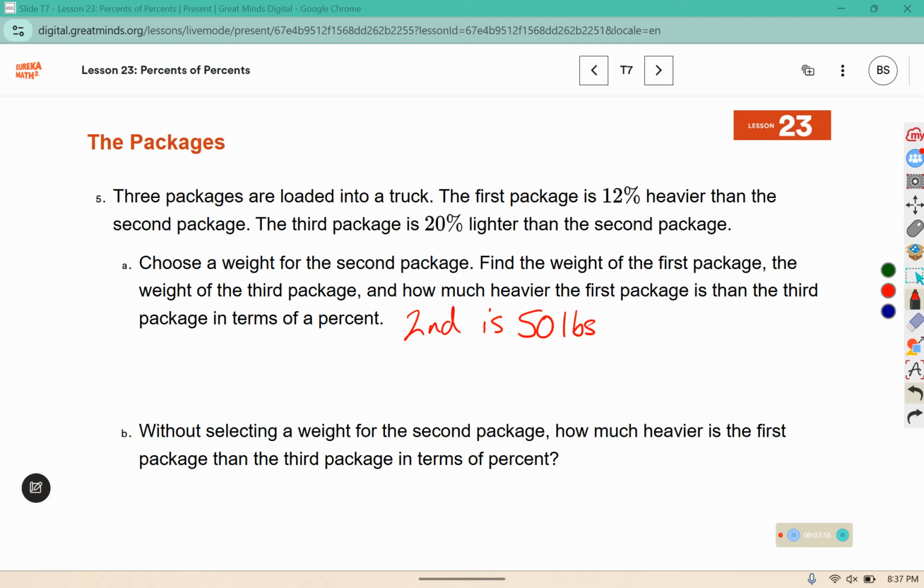If it's 50 pounds and the first package is 12% heavier, that would be 112% of the original weight of package 2. So we can cross multiply and divide here to figure out the weight of the first package, which says that the first package is 56 pounds.